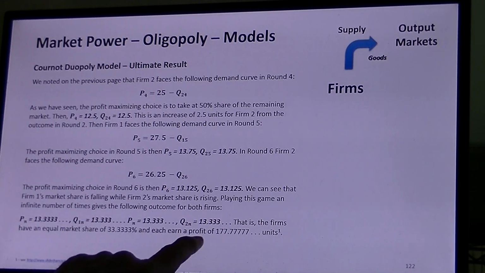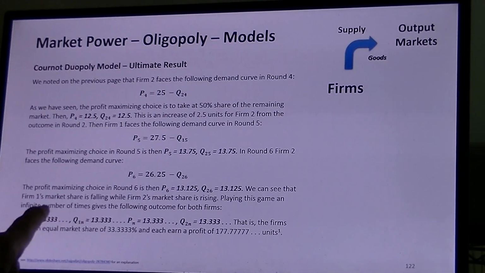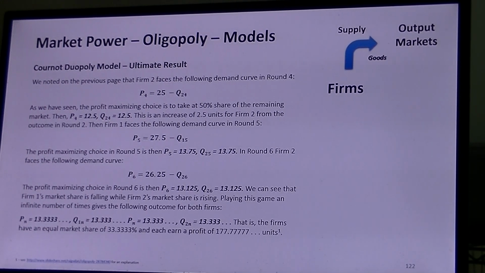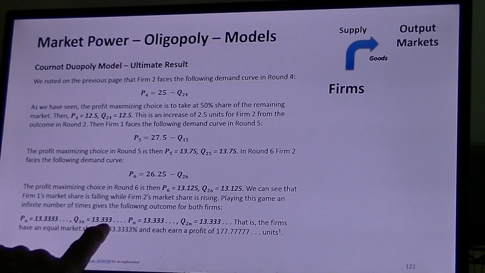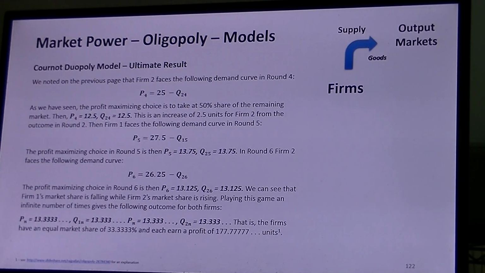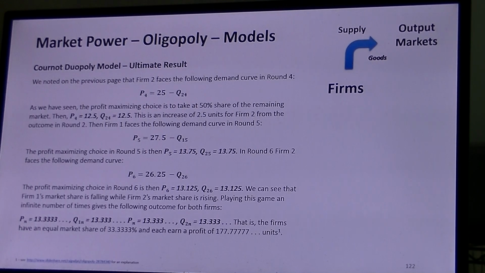Each firm has an equal market share of 1/3. They each produce 13 1/3 units of the good at a price of 13 1/3, and each of them earns a profit of 177.7777 units.